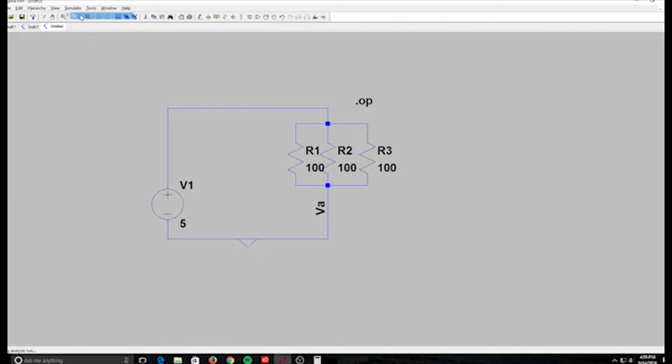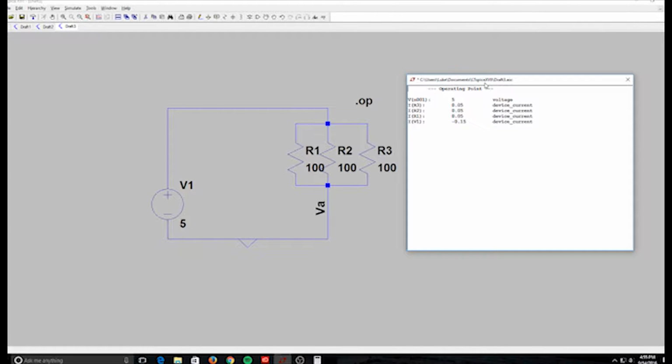And like Kaale was saying in the pen and paper video, we have 5 volts across the entire system, and each resistor across it is going to have a current of 0.05 amps. After you do some simple math, conveniently have a calculator right here, of 5 volts over 100, you get 0.05 across each.